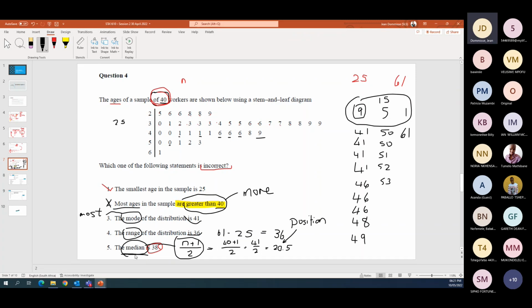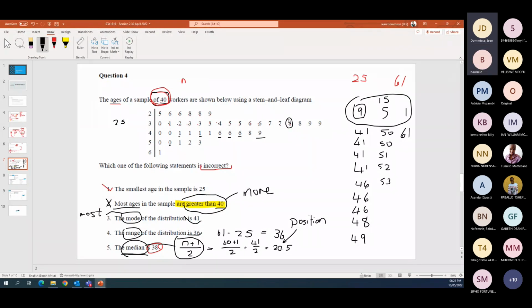Okay, so the easiest for me is to say, well, 20.5, I don't have the faintest idea where it is, but I can at least count. So let me count up until 20, and then the next value will be the median. So that's my first one, second, third, fourth, fifth, sixth, 7, 8, 9, 10, 11, 12, 13, 14, 15, 16, 17, 18, 19, 20.